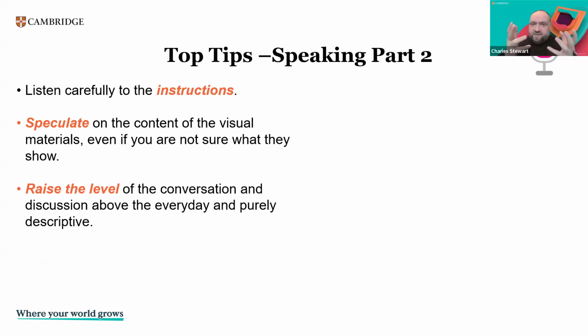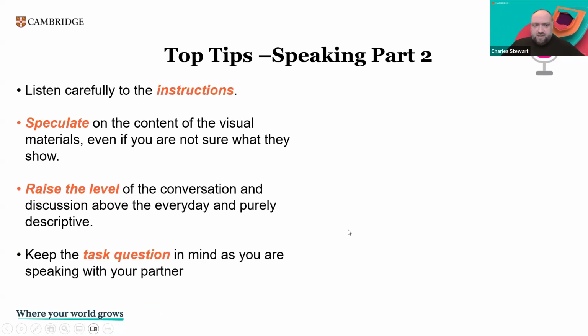This is good, but this indicates a B1, B2 level of English. You're C2, therefore you need to raise the overall level of the conversation in this portion in discussing the pictures. Also, keep the task question that you're answering in mind as you're speaking with your partner. Remember, it may be up to you to navigate and pull the conversation along to be able to completely answer the questions that you are being asked.